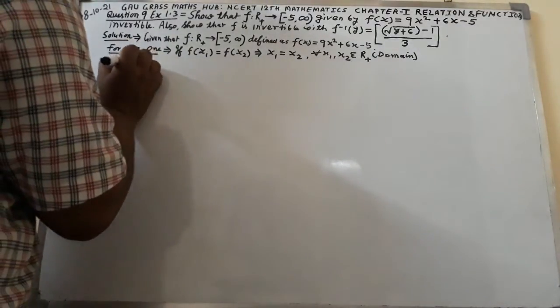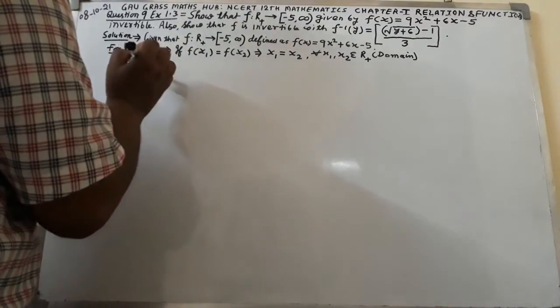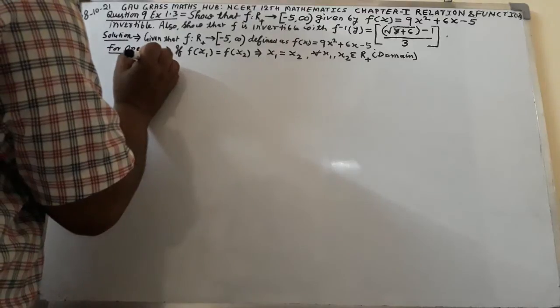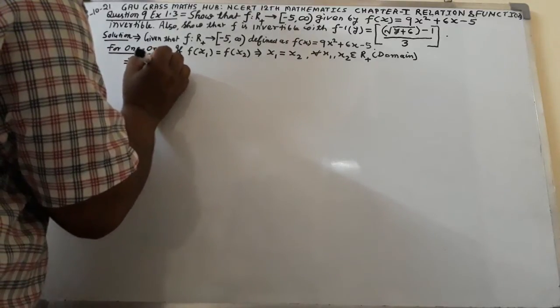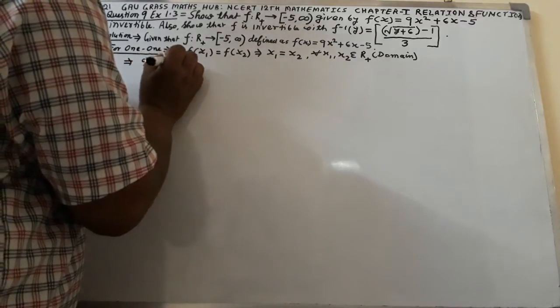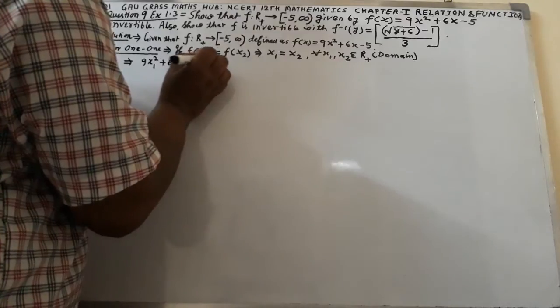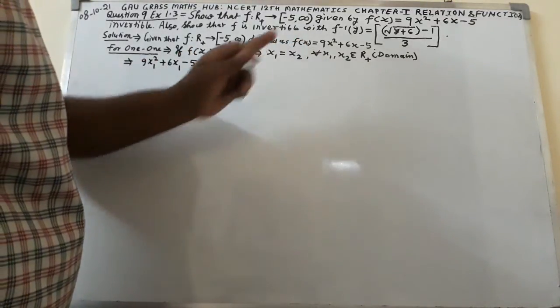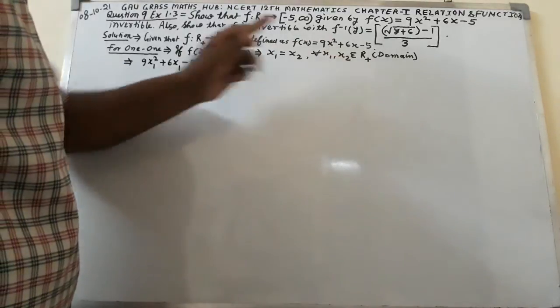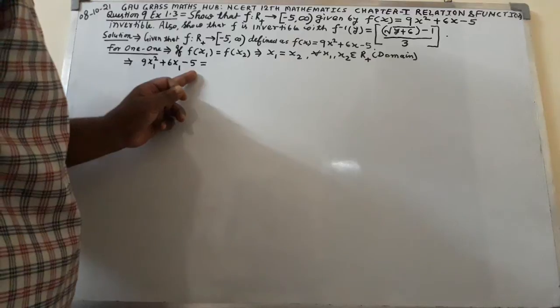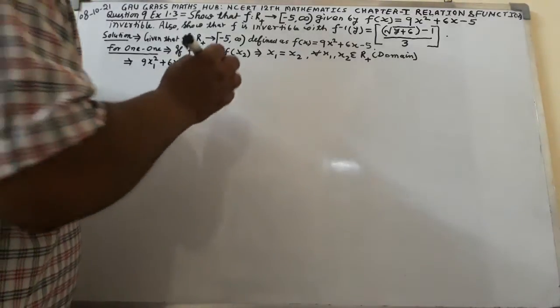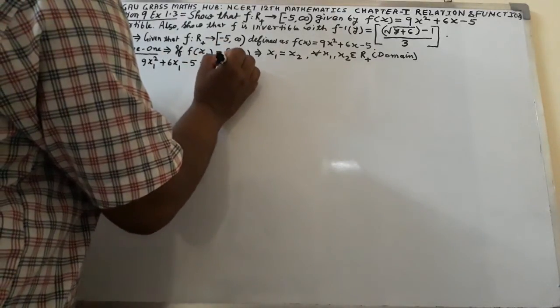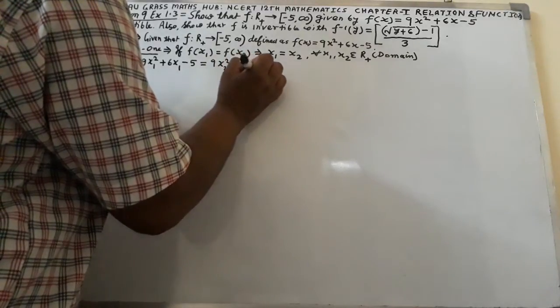On this pattern, f of x1 comes out to be 9 x1 whole square plus 6x1 minus 5 equal to, in place of x I shall write x2, comes out to be 9 x2 whole square plus 6 x2 minus 5.